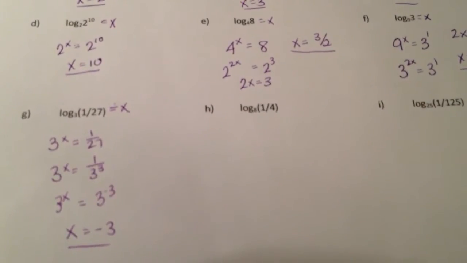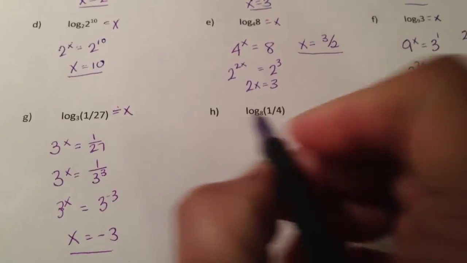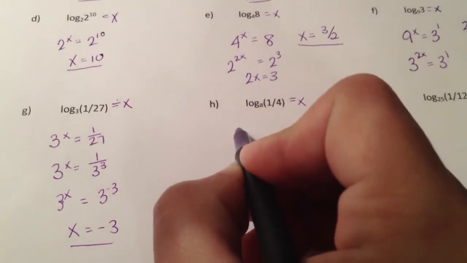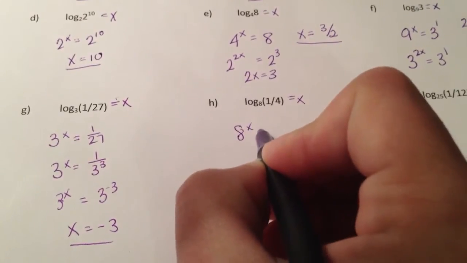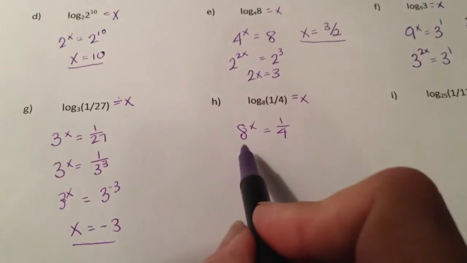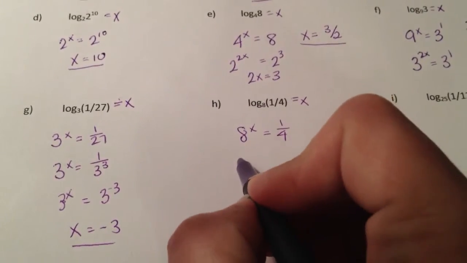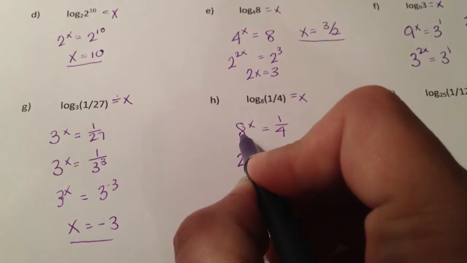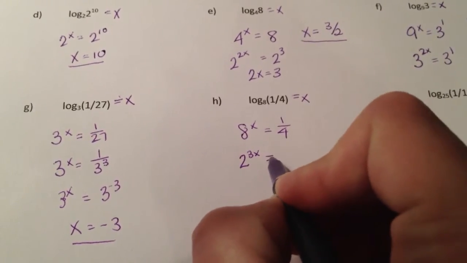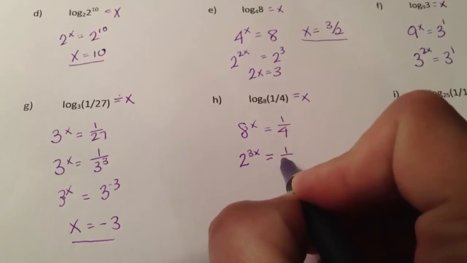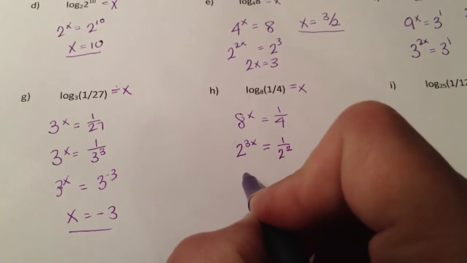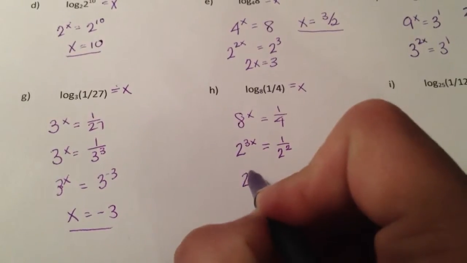All right, on H, we have first going to set it equal to x. We have the base of 8 to the x power is equal to 1/4. My common base here is probably going to be 2, so I'm going to rewrite that. 2 to the third power times x is equal to, remember that's 1/2 squared, so to move that to the numerator, I'm going to make it a negative exponent.